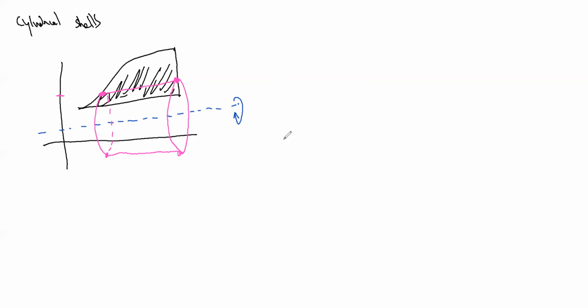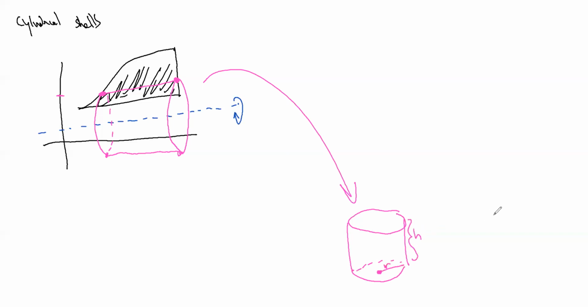And this cylindrical shell, if I pull this out and take a look at it, every cylinder has a few measurements associated with it, including the two most important ones. It has the radius of the cylinder, and it has the height of the cylinder.